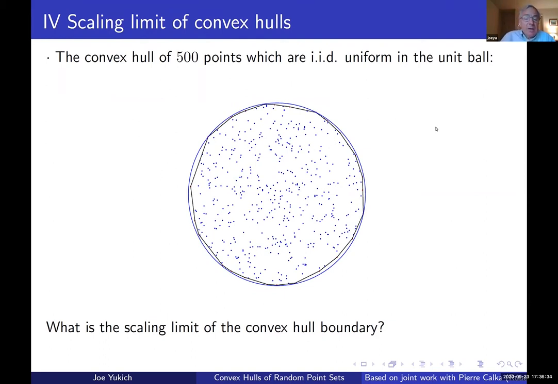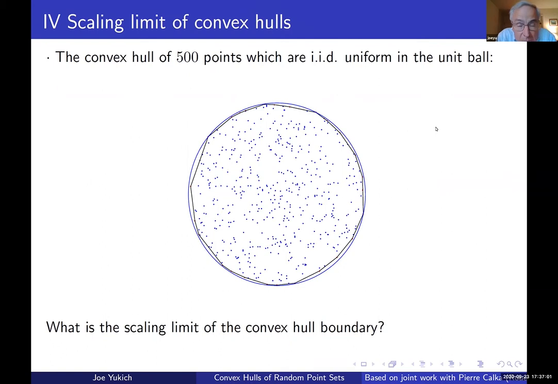And now we can ask the following question. As the number of sample points increases, what is the scaling limit of the convex hull boundary? It's of course obvious that as the number of points increases, the convex hull fills out the unit ball, and the boundary of the convex hull approaches the unit ball.